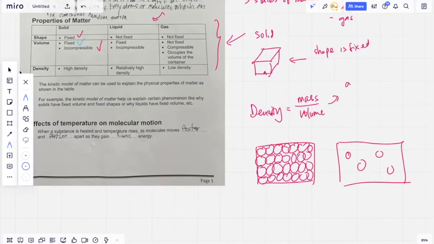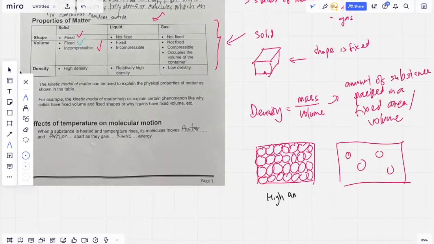That means it's the amount of substance packed in a fixed area of volume. So in this drawing, this one is a high amount of substance packed in a fixed volume.